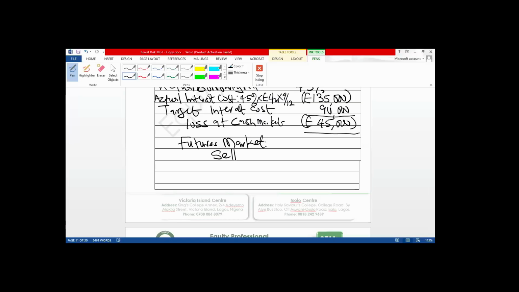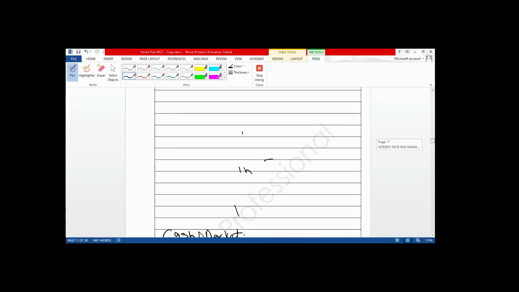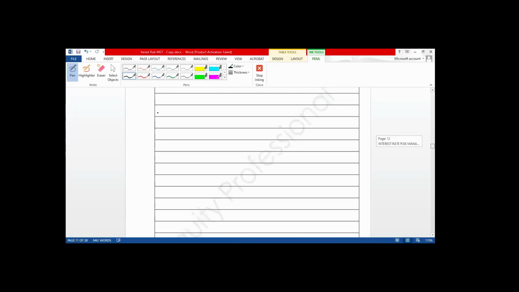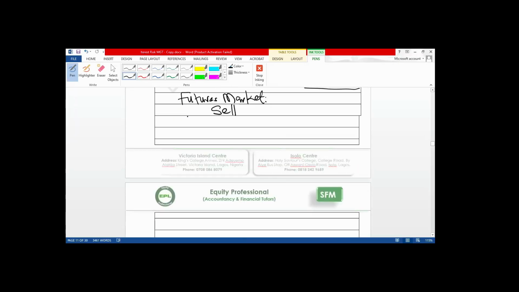Examiner says $96. You pick that 96. That is what we call opening future. That is opening. You are going to sell at opening, 96.